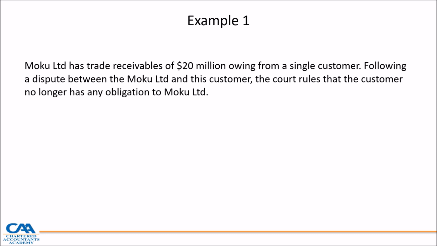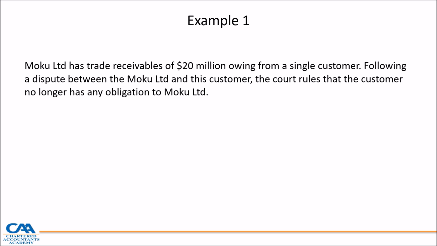So Moku had trade receivables worth 20 million, and then a dispute arises between Moku and the customer who owes 20 million. They go to court and the court decides that the customer no longer owes Moku. So now your issue is, should you actually derecognize?